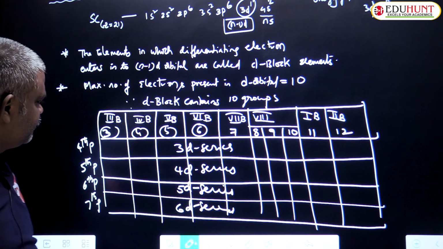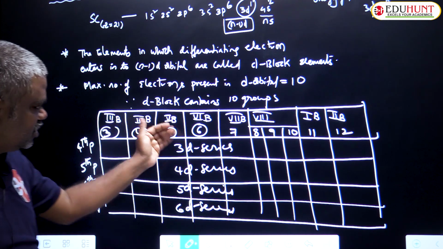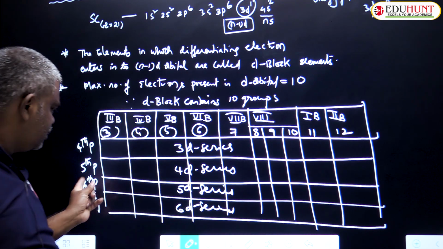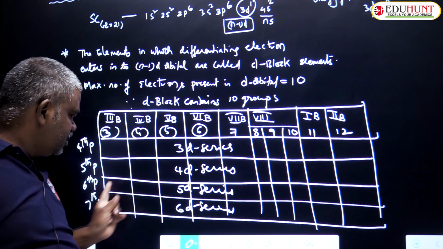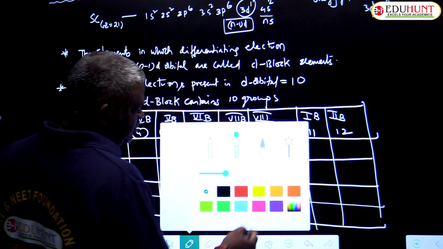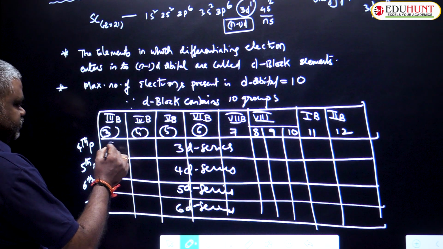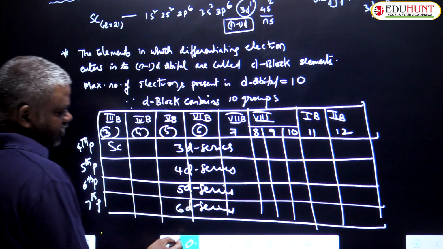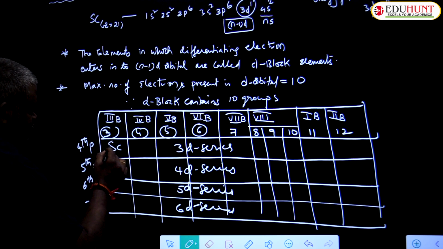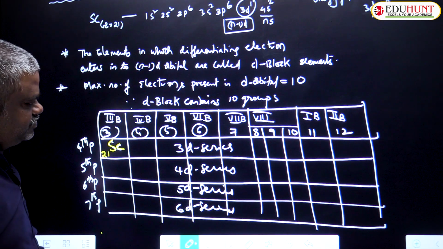See here, the d block elements: the 4th period contains the 3d series, the 5th period contains the 4d series, the 6th period contains the 5d series, and the 7th period contains the 6d series. If you observe the elements in the d block, the first element is scandium, atomic number 21.